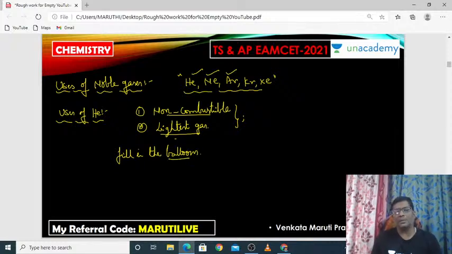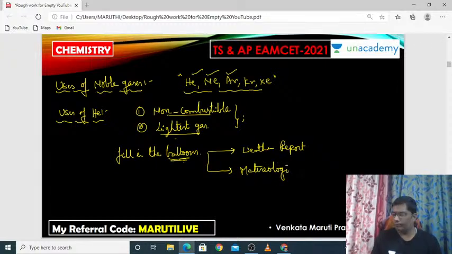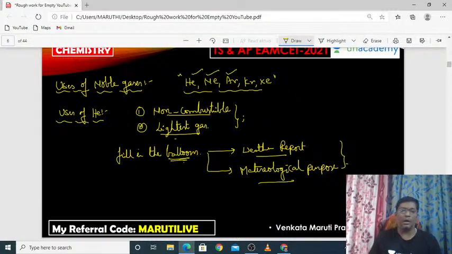What is the main purpose of this balloon? Actually this balloon is used for getting the weather report, and the same balloons can be used for meteorological purpose. So for these two, getting a weather report and meteorological purpose, the balloons have been filled with helium as it is non-combustible and lightest gas.